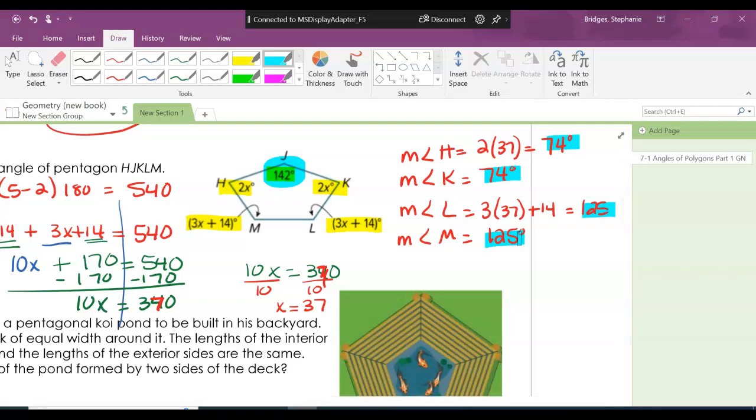You get 540. Everybody ready? So again, on that one, we had to first find how many degrees were in that polygon. Then we had to add all of the angles together, set it equal to that degrees, solve for x, and then plug it back in.